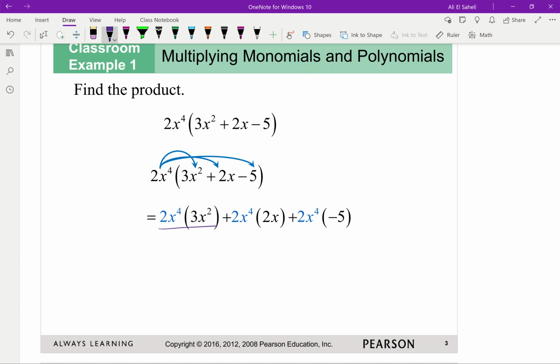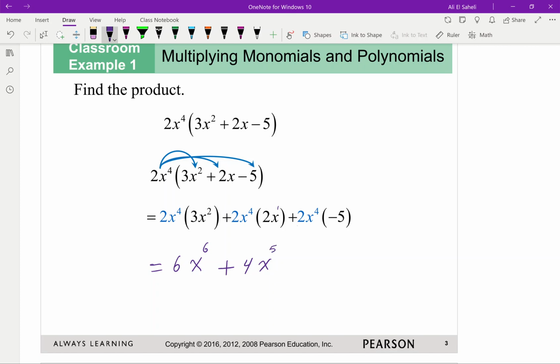So 2x to the 4 times 3x squared. 2 times 3 is 6, and x to the power 4 plus 2, plus 2 times 2 is 4, x to the power 4 plus 1.